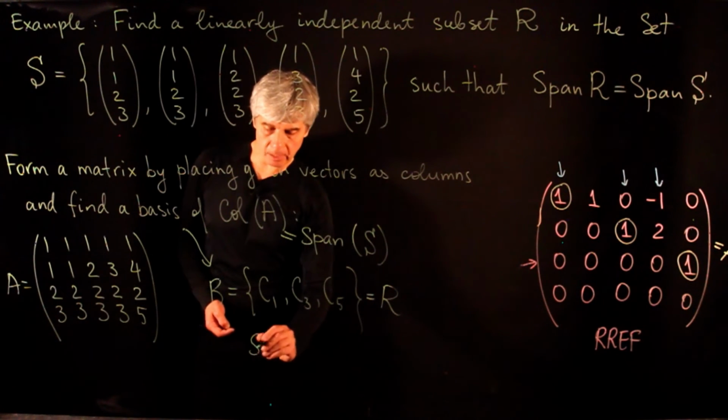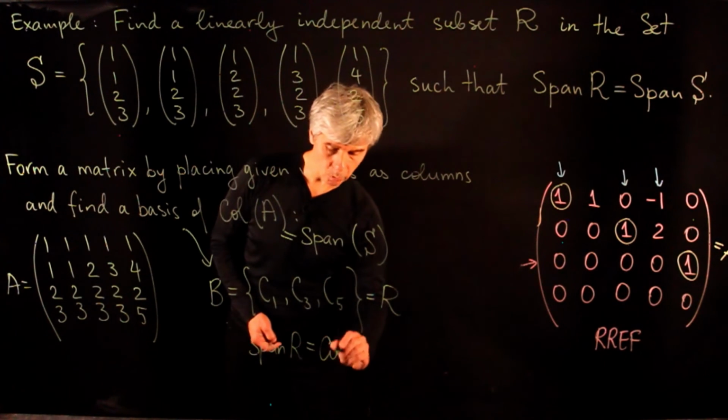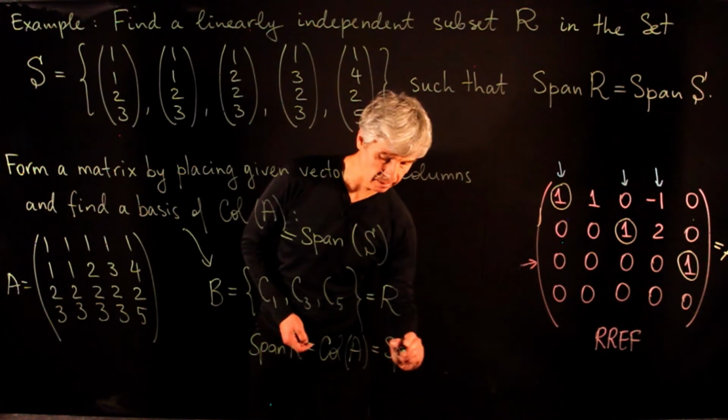The span of R is equal to the column space of A, and thus it's equal to the span of S.